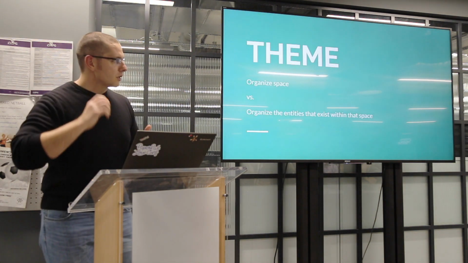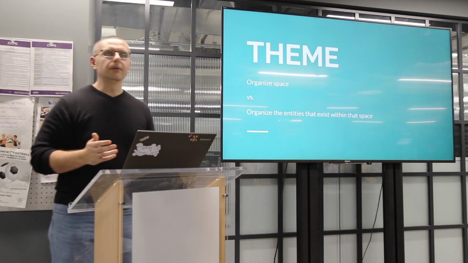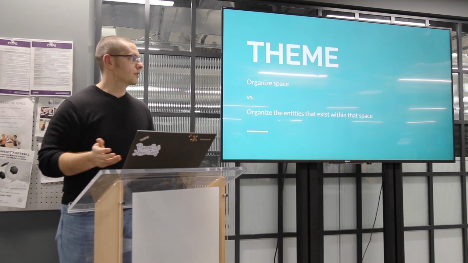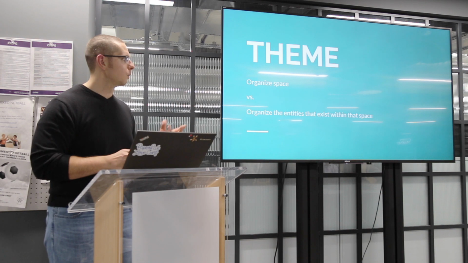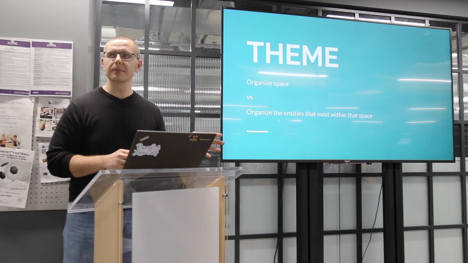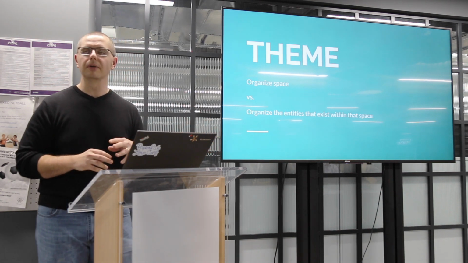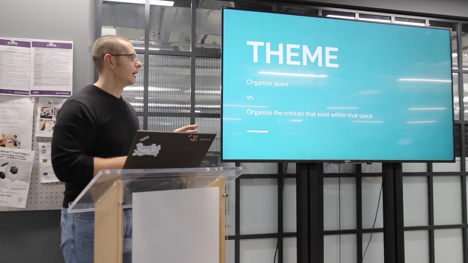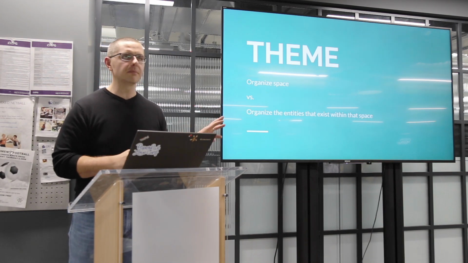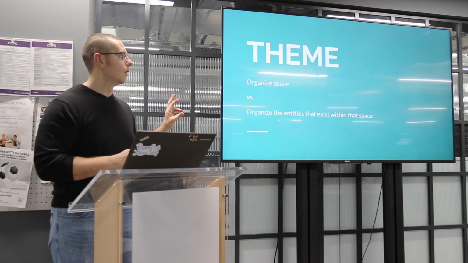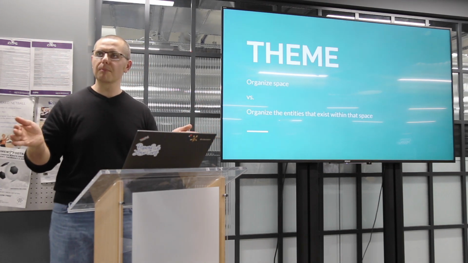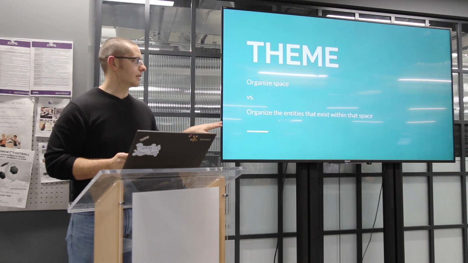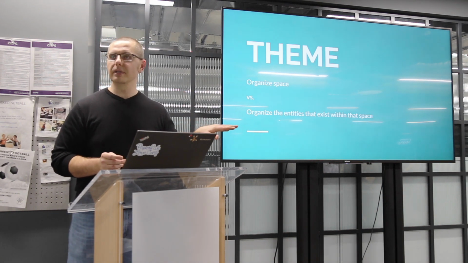And so, like I said, I can't obviously go through all of the different data structures that Sumet presents, but one of the overriding themes that he carries throughout his presentation of them is that each of them needs to make this fundamental choice, whether they're organizing the space as a whole that they're operating over, or they're organizing only the entities that exist within that space.